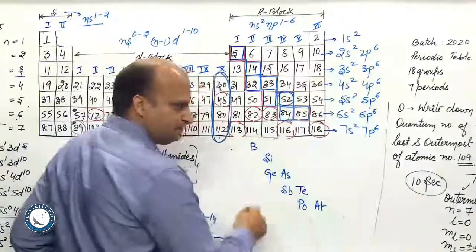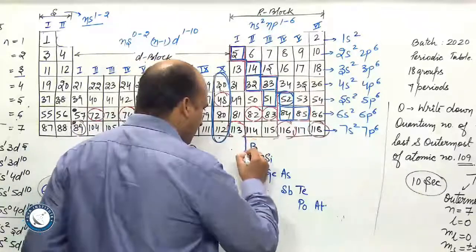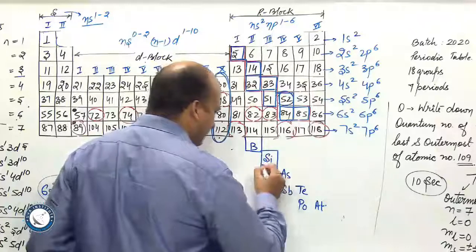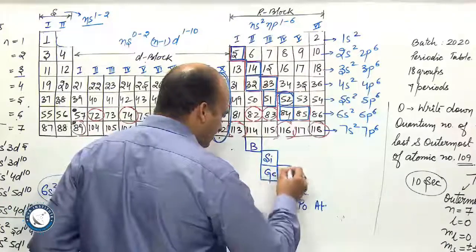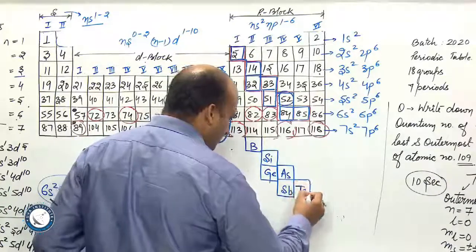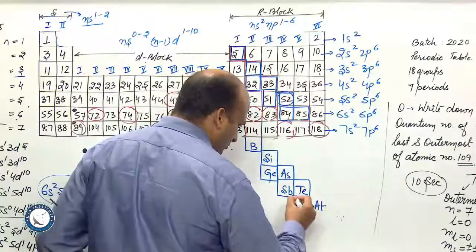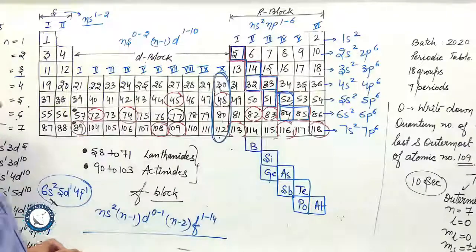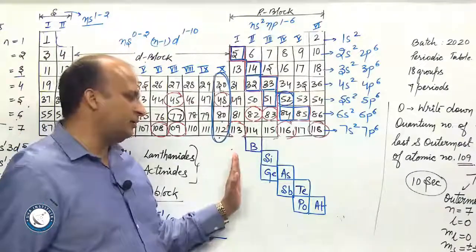These are the metalloids which behave as metals as well as non-metals. Okay. So these all are the metalloids.